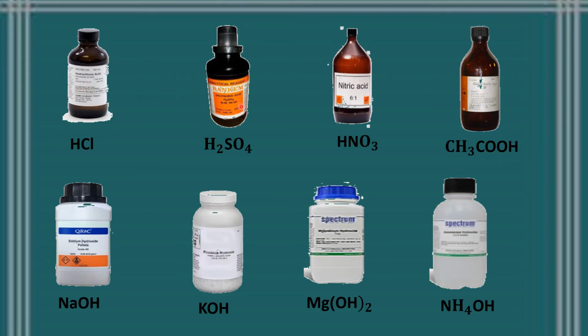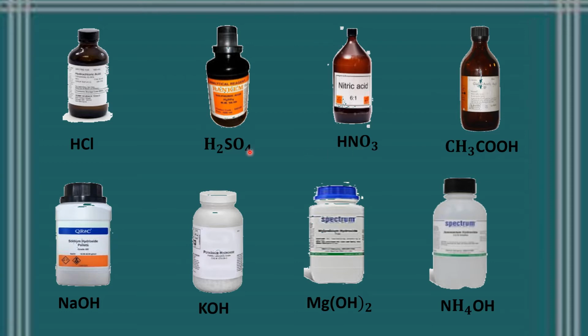Hydrochloric acid, sulfuric acid, nitric acid, and acetic acid, we have to prepare the dilute solutions. That is, we have to take a little amount of water and then add a few drops of the acid, either HCl or H2SO4 or nitric acid, whatever it is.